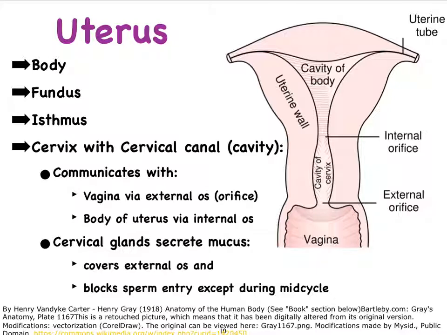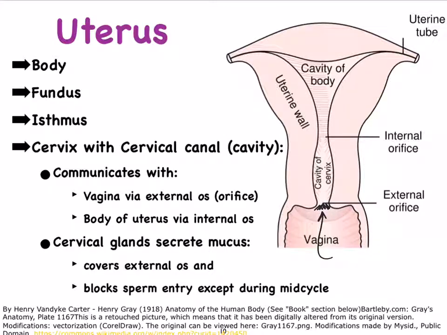Most of the time during a menstrual cycle, the external orifice is pretty crowded with that mucus, making it very difficult for any sperm cells to pass through this plug of mucus.